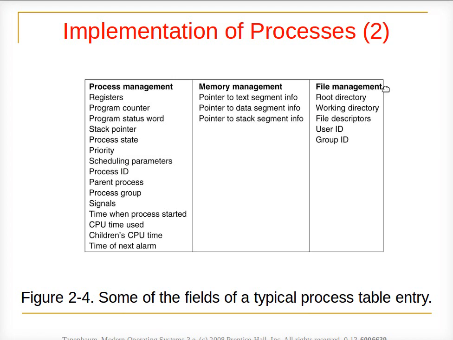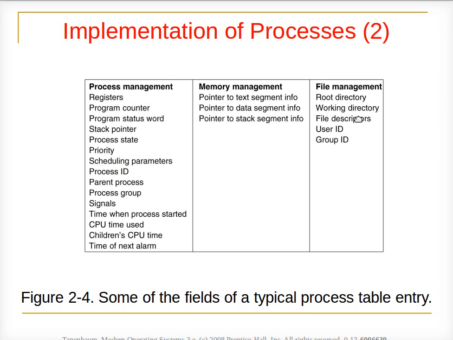And from the pipe programming sample video, I already showed you that each process instantiation also comes with file management. So the root directory and working directory are also inherited from the parent.